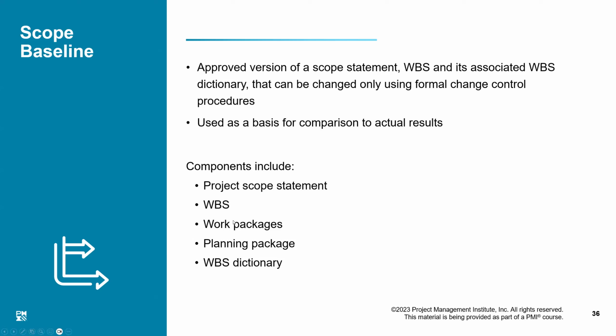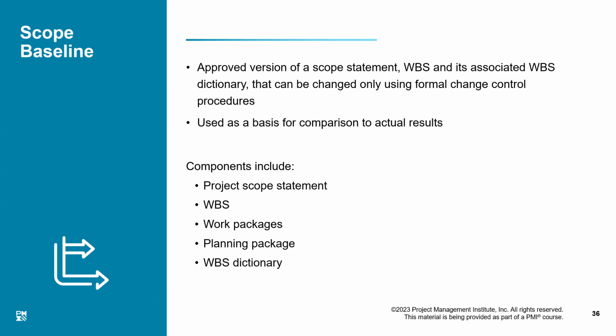Then the WBS, then the WBS packages, and there is a concept of a planning package here, which is also part of the WBS. Normally, a planning package is a level higher than the work package. Due to less information available about those details, we don't know how this planning package can be further broken down into work packages.